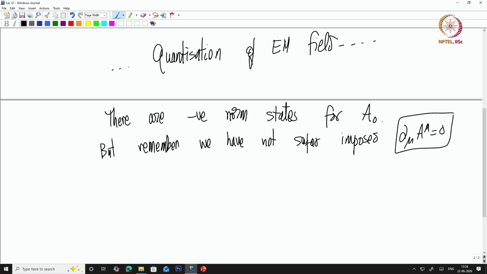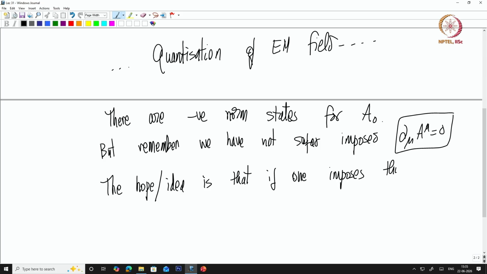The hope is that if you impose this gauge fixing condition, the negative norm states are removed, which is sort of true, but the procedure is slightly different.